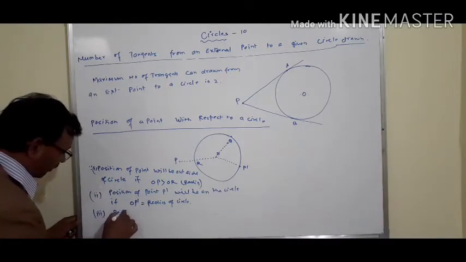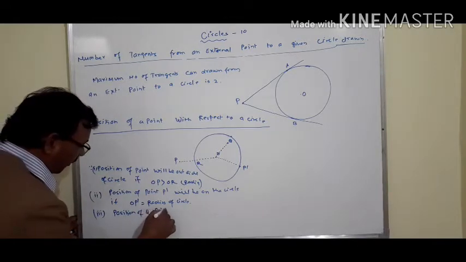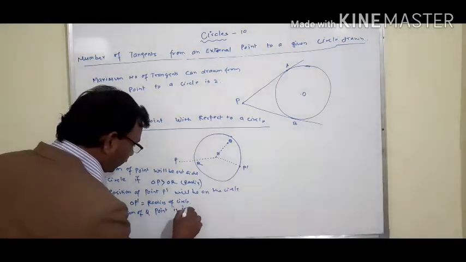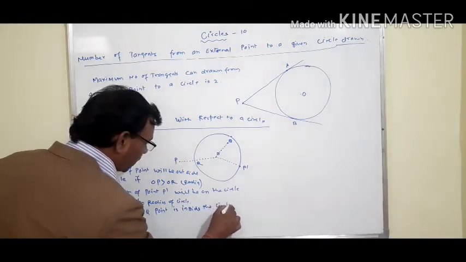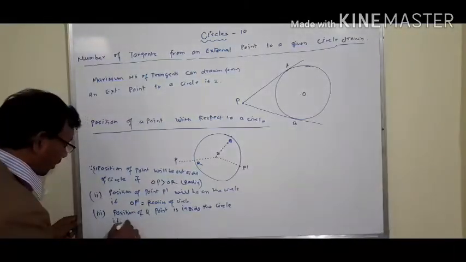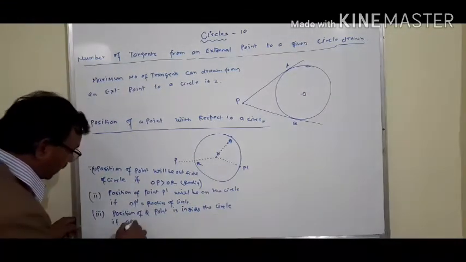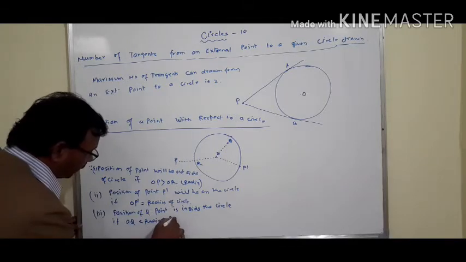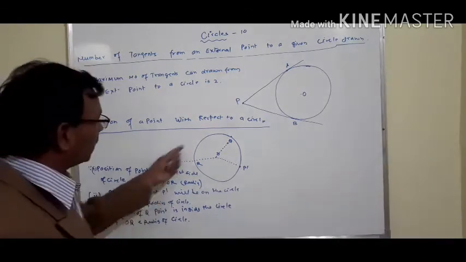The position of point Q is inside the circle if OQ, that means the distance of the point from the center of the circle, is less than the radius of the circle. Then the position of that point will be inside the circle.